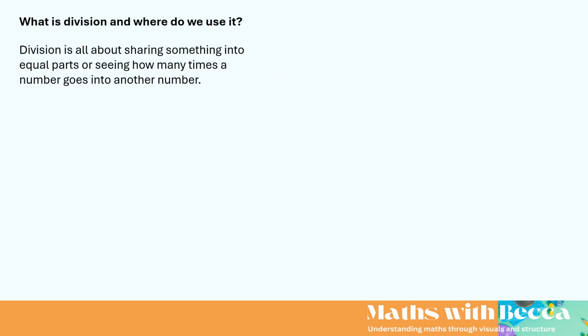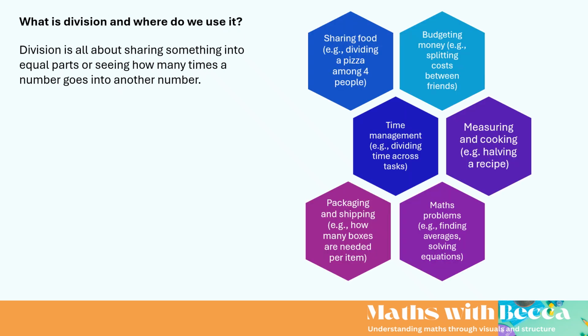We use division for so many things. And basically it's about splitting something into equal parts. So that can be things like sharing food between different numbers of people. Budgeting money is a really common one, so splitting costs between friends or dividing out a budget across a number of days.